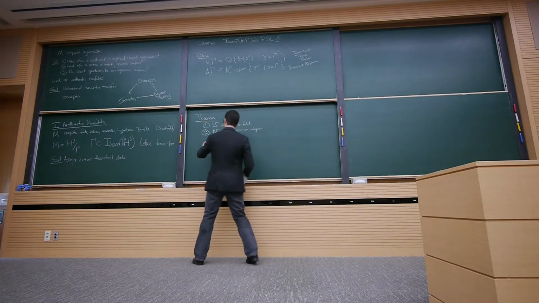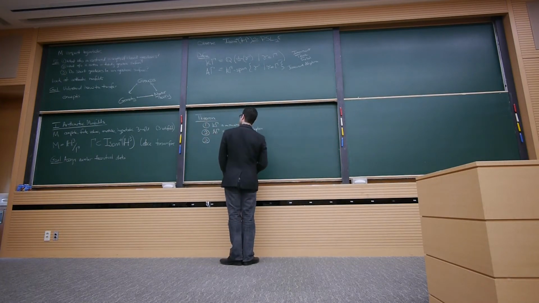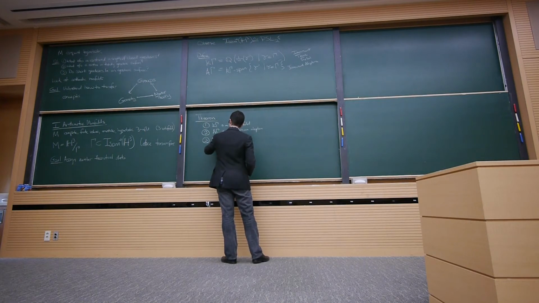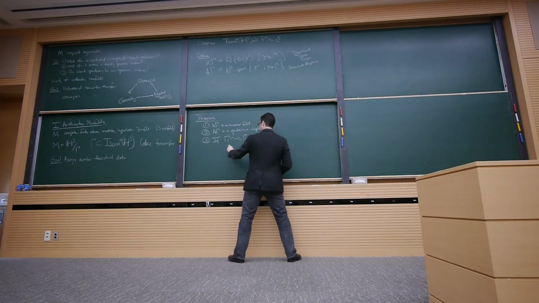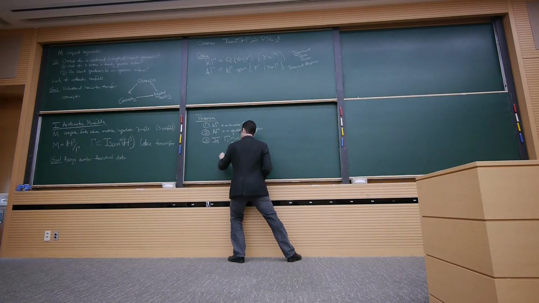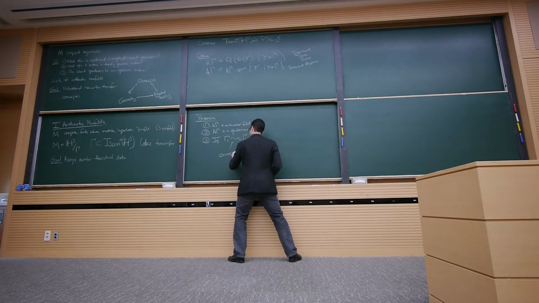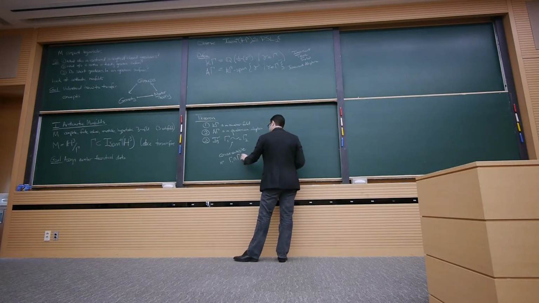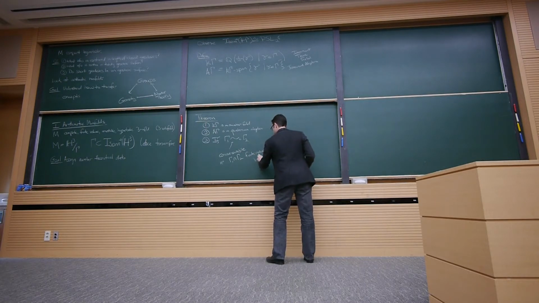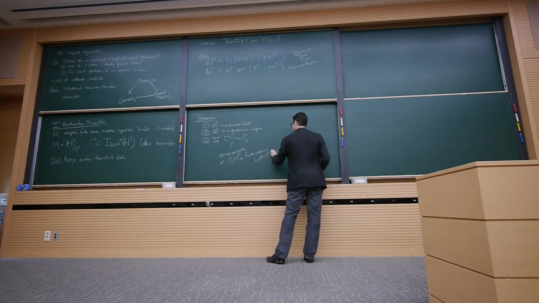Okay, and one other thing that I'll include in this theorem is that if gamma 1 and gamma 2 are commensurable, I'm going to use this symbol to denote commensurable, i.e. the intersection is finite index in both gamma 1, gamma 2.